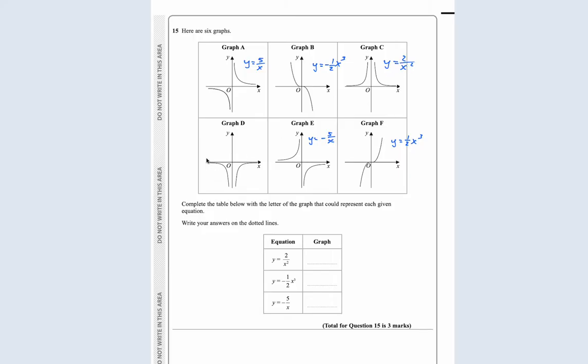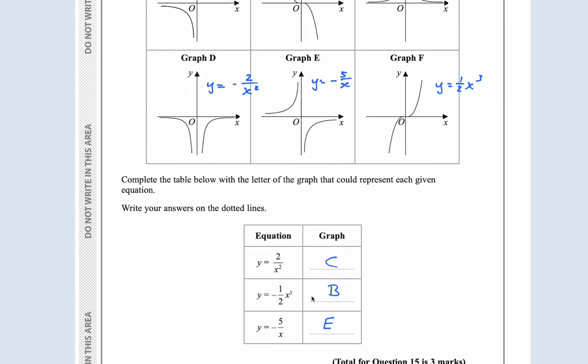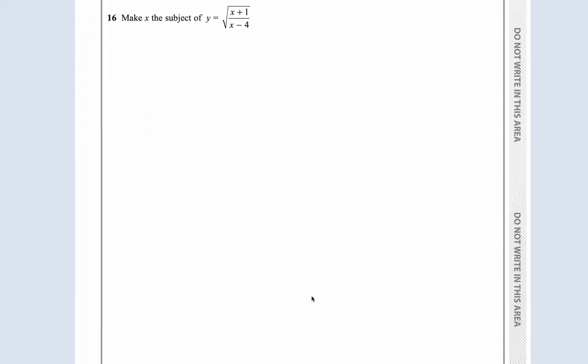This one would be y equals minus 2 over x squared because it's always negative. Okay, so to answer the questions, this one has to be C, this one has to be B, and this one has to be E, because it's negative. That's question 15.